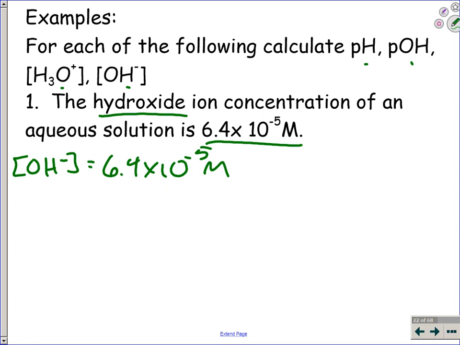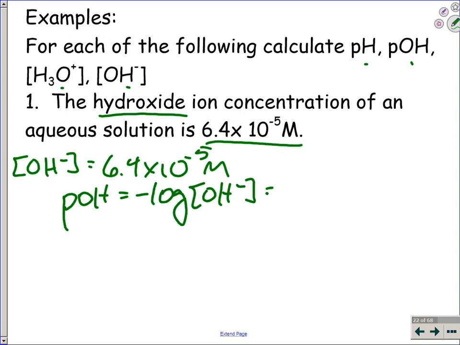Come on. Let's solve for pOH, because that's probably the most logical one. Negative log of hydroxide is what we'll use. So then everybody's plugging or writing down the work so you understand the level of work I need to see. And then we're plugging in 6.4 times 10 to the negative fifth in parentheses, and let's solve. It should be 4.19.